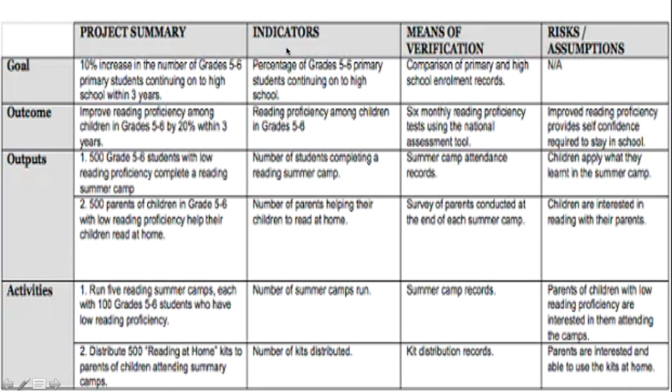You've got the project summary, the indicators, the means of verification, and the risks and assumptions. Please, this is the heart, this is where everything begins, this is where you should begin, this is when you should start your journey to coming up with an effective report.